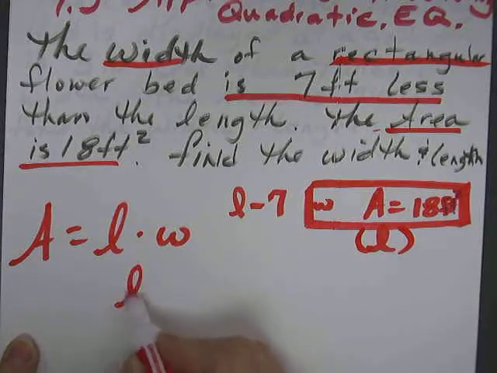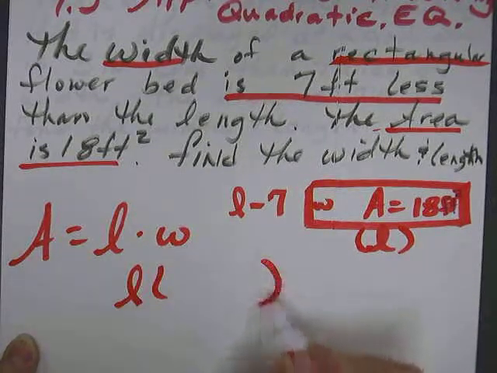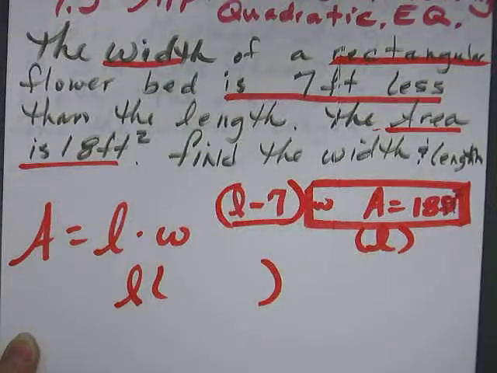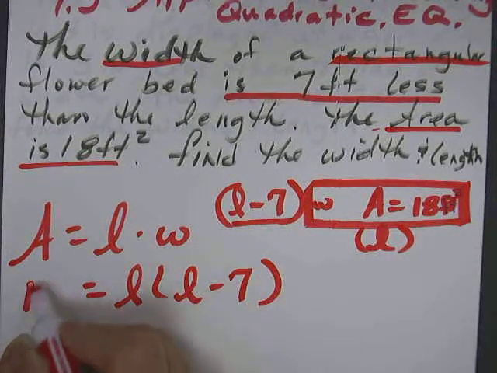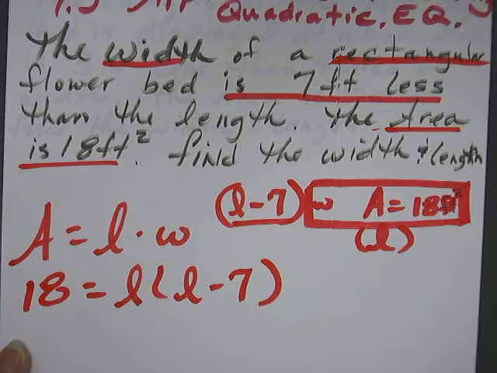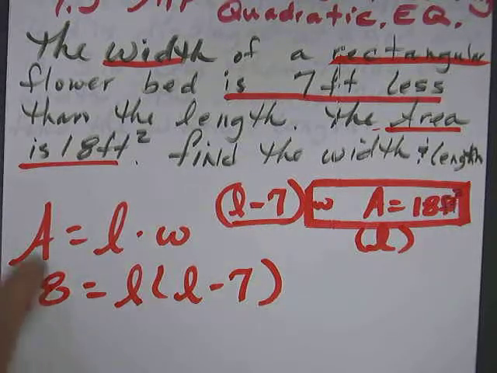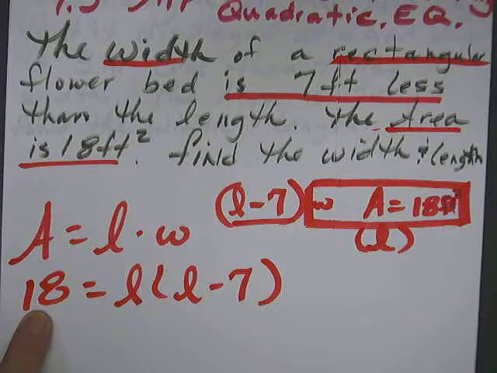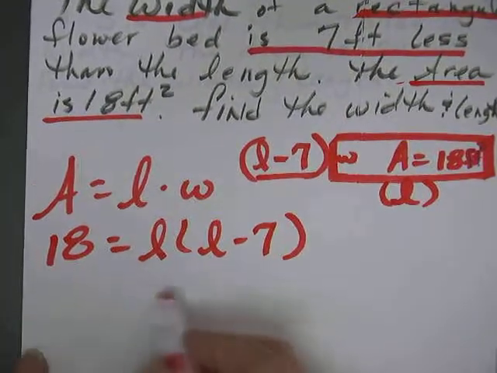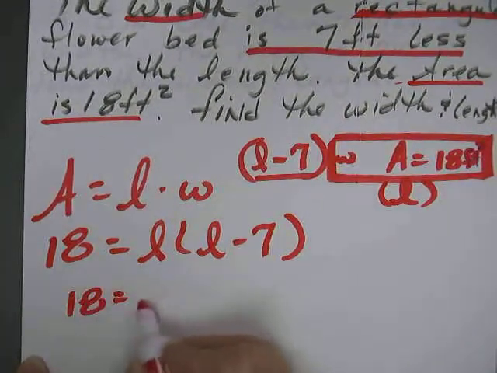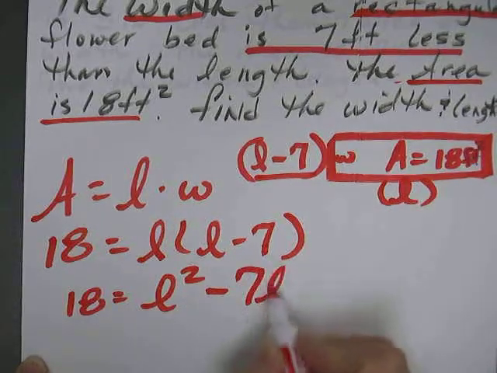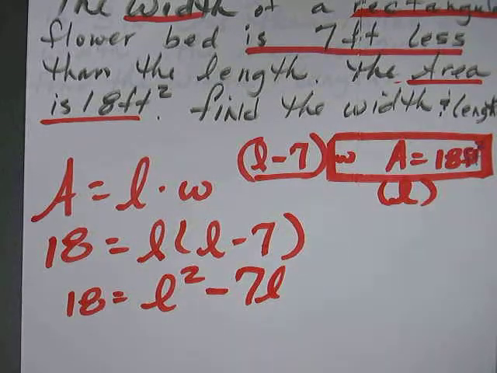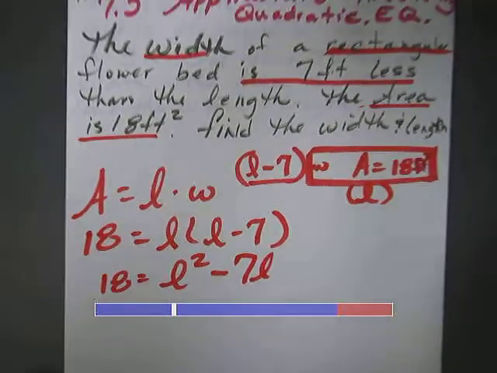We're going to put this for length, and instead of width, we're going to put this. And we're going to put 18, because the area is 18. So we have 18 equals length squared minus 7 times the length.